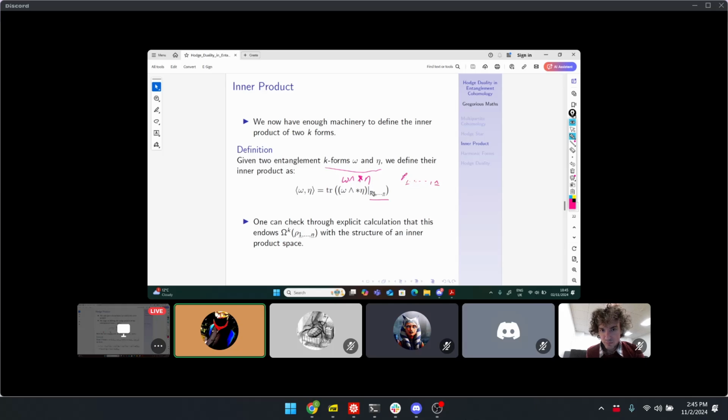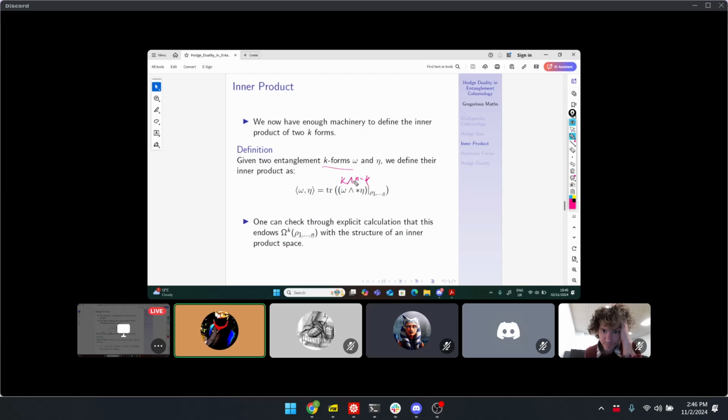So how does this exactly work? Well, we're given a K form, omega. And when we take the Hodge star of eta, that gives us an n minus K form.